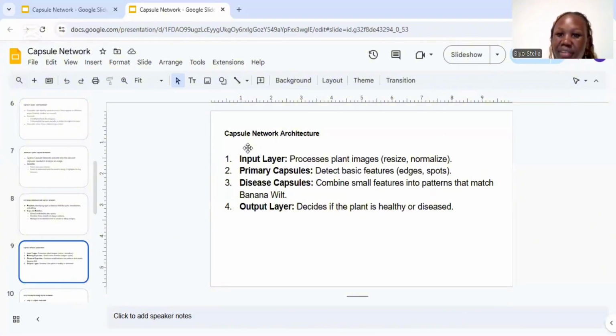They detect basic features, that's the edges and the spots. Then the disease capsules combine features to identify the wilt. Then the fourth one is the output layer. It decides if the plant is healthy or diseased based on all that.